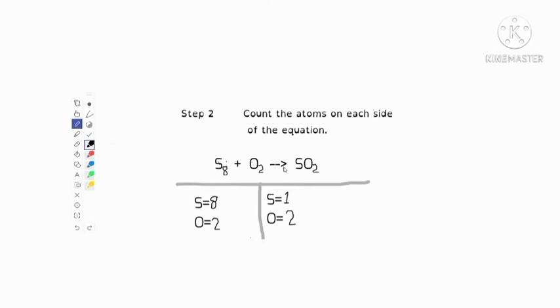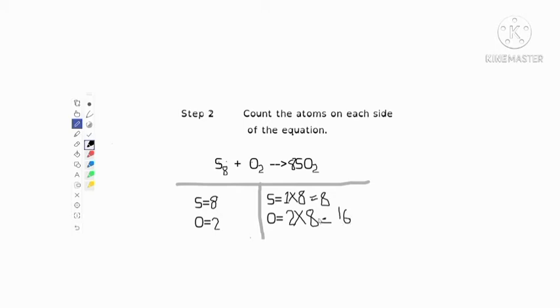To do so, we can put 8 here. By putting 8 here, the sulfur will get multiplied by 8, so it will become 8. Then our sulfur is balanced, but it will also multiply the oxygen, because both atoms are attached. So the oxygen will be multiplied too and become 16.